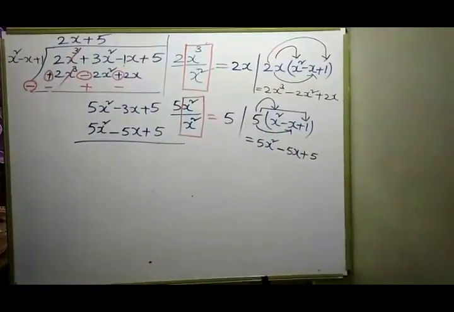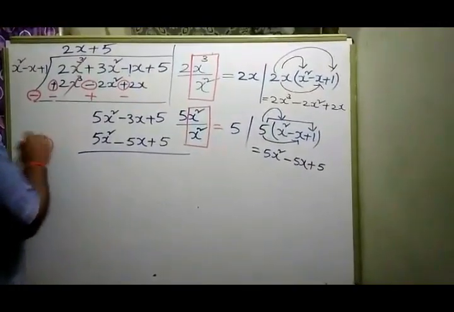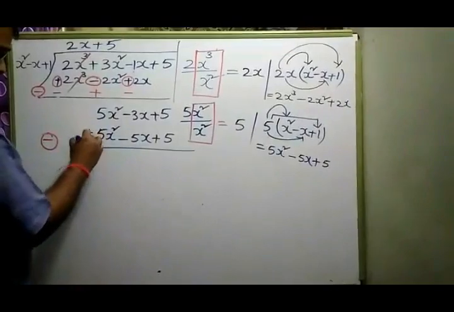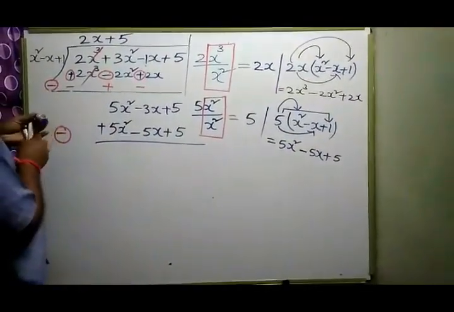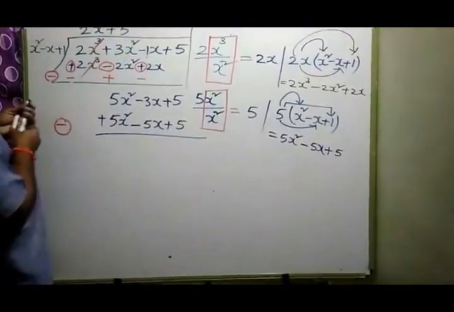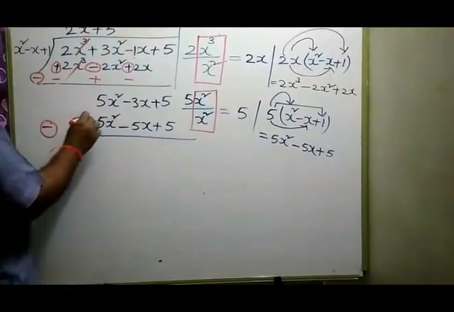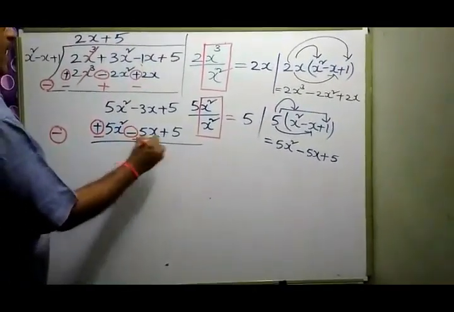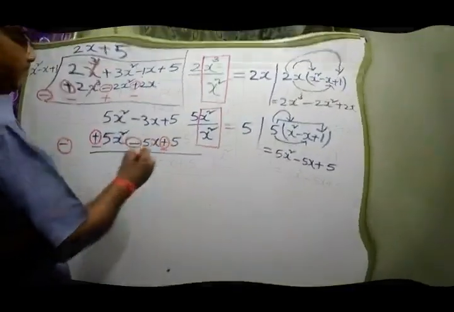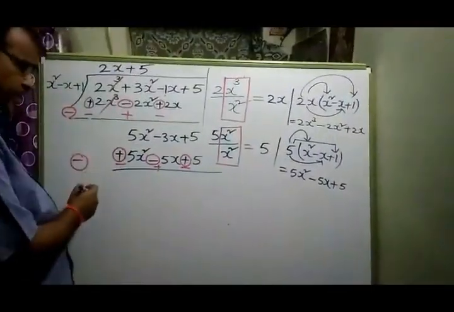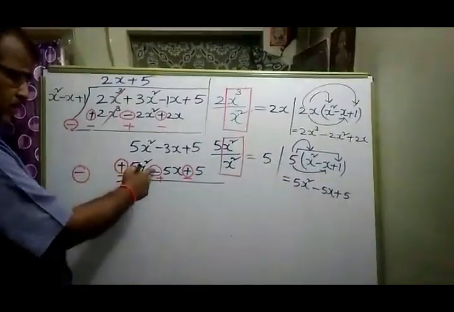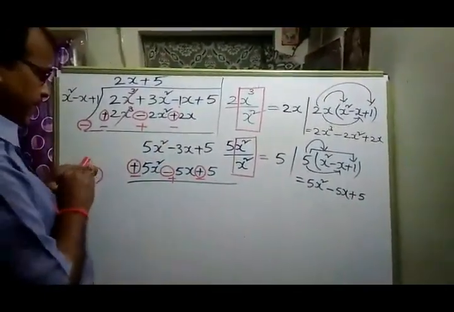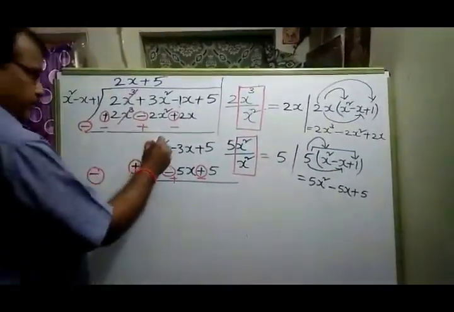Now here again subtraction, long division method. The sign for 5x square is plus. Because of this subtraction, this plus becomes minus, this minus becomes plus, and this plus becomes minus. 5x square minus 5x square will be 0.